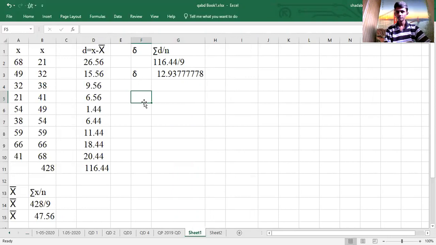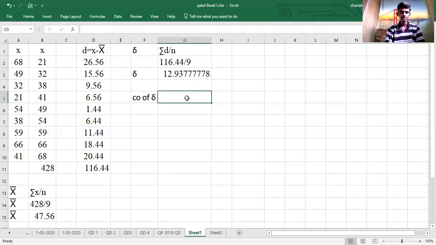Moving further, I will use the coefficient of delta. We will calculate it now. What is the formula for calculating the coefficient of delta?